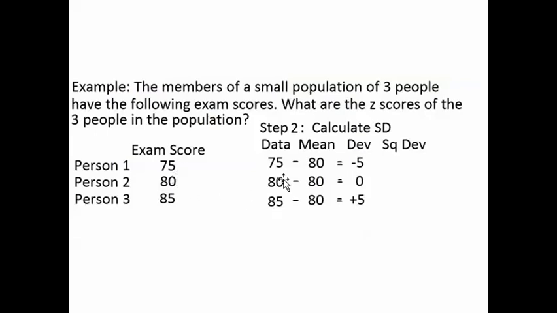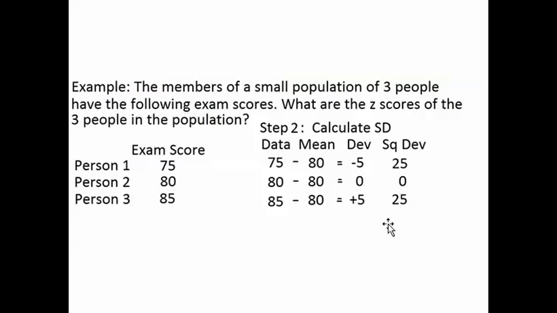This score is at the mean, so it has a deviation of 0, and this score is 5 above the mean, so it has a deviation of +5. Now we have to square each deviation, meaning we multiply each deviation by itself. So -5 times -5 is 25. 0 times 0 is 0. 5 times 5 is 25.